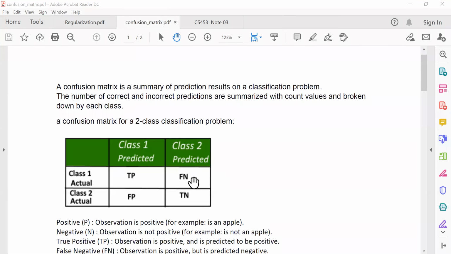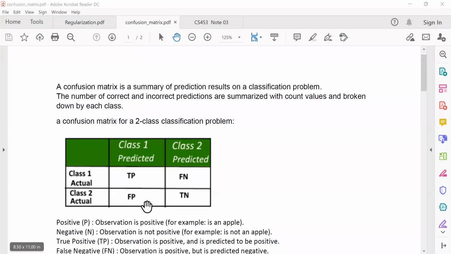If you take a look at the first row and the second column, the class should actually be class 1, but you predicted class 2, so that is false negative.